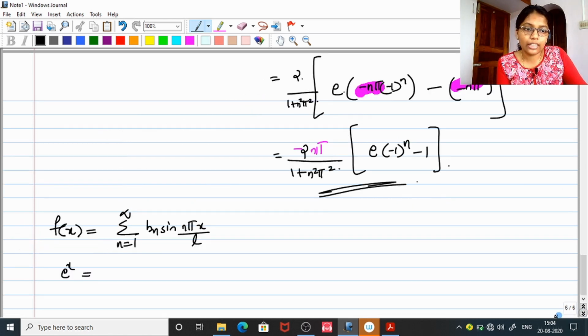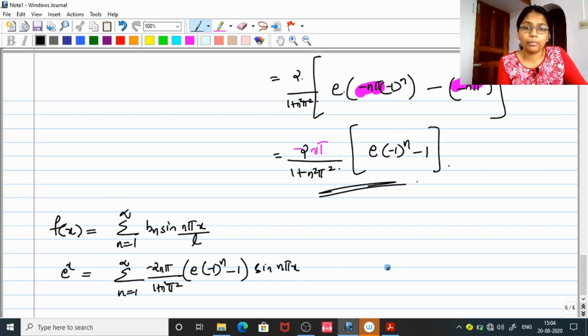So, e raised to x is equal to sigma n equal to 1 to infinity bn, where the bn value is negative 2n pi divided by 1 plus n square pi square, e into negative 1 raised to n minus 1, sine n pi x by l. Remember, l value was 1. So, this is your answer.